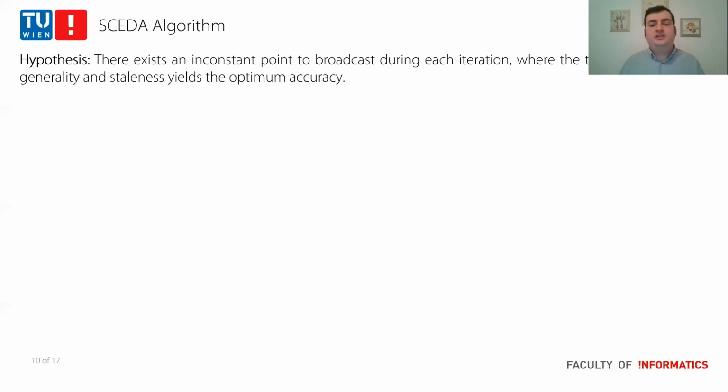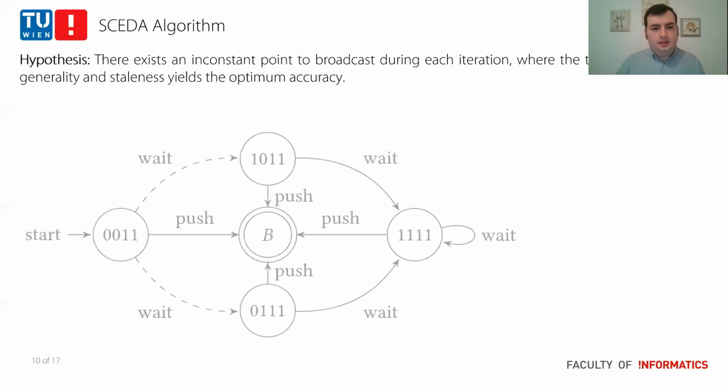So if we wait longer, the generality increases because we have more information, but staleness also increases because the model loses its freshness. And our argument is that there is no single optimum point, and it depends on many environmental conditions at each iteration. So this point is inconstant.